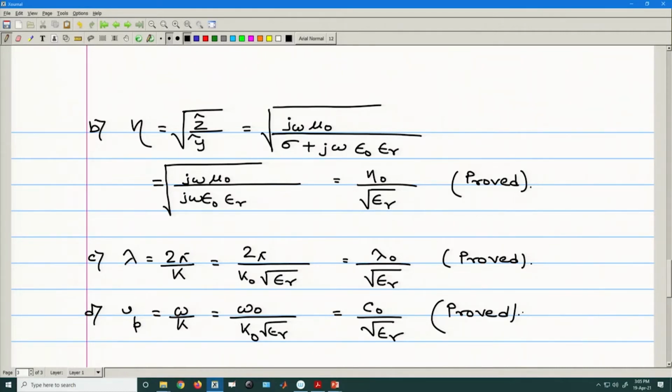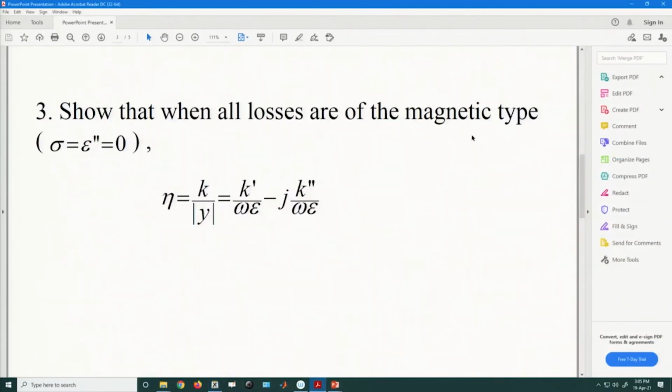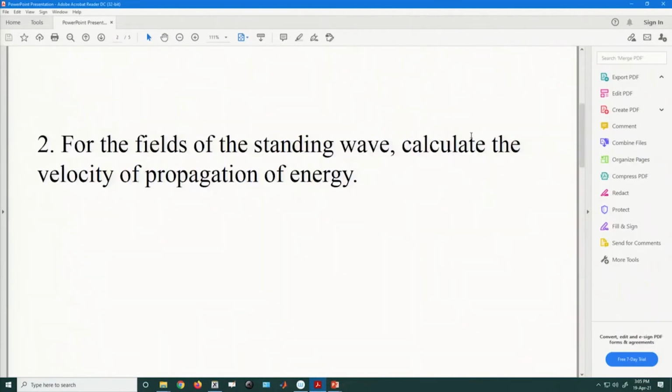Moving on to the next problem, for the fields of the standing wave, we need to calculate the velocity of propagation of energy.